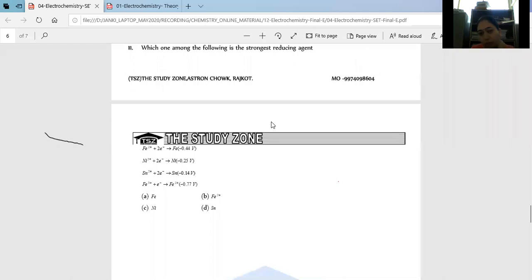Strongest reducing agent means the element having the strongest tendency to undergo oxidation. Whose reduction potential is less, oxidation potential is high. Correlate in this way. Oxidation potential high, reduction potential less, always works as a strong reducing agent.